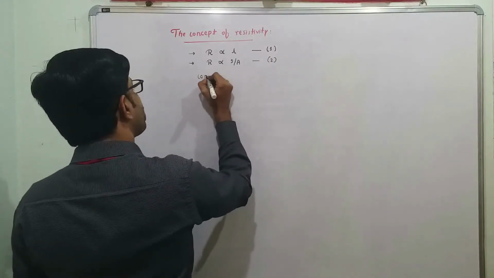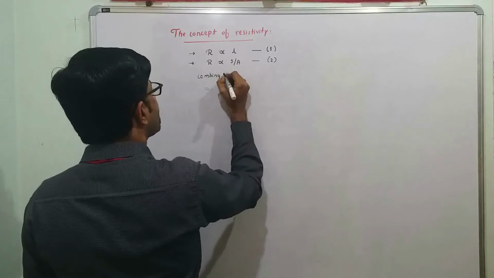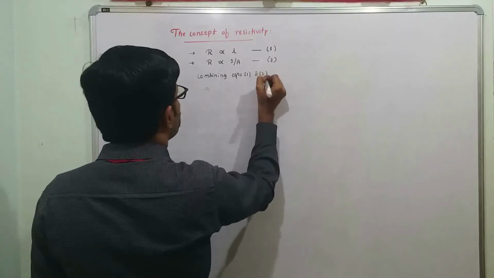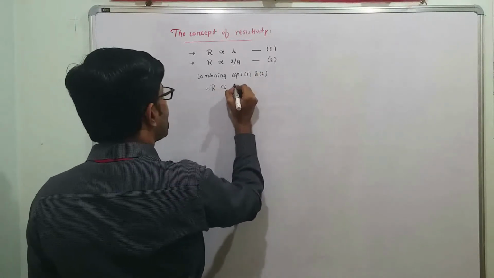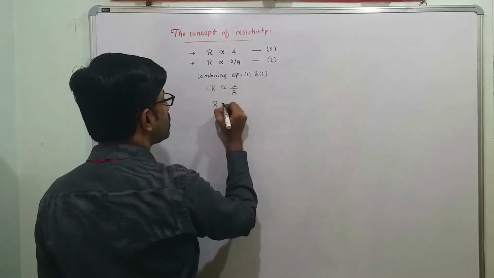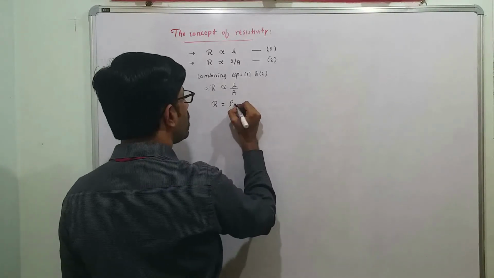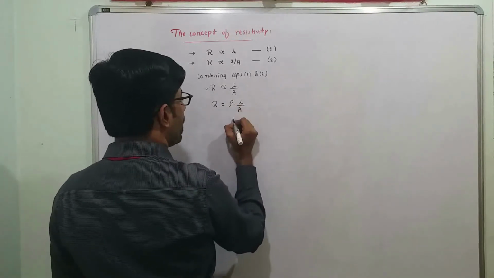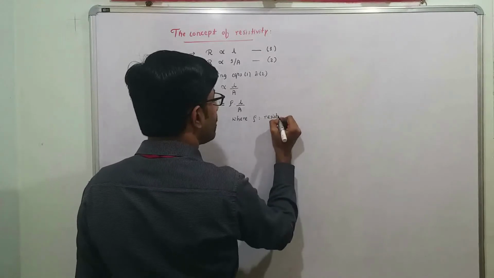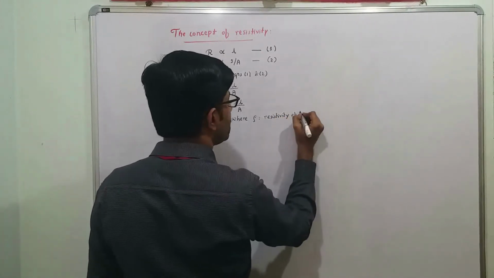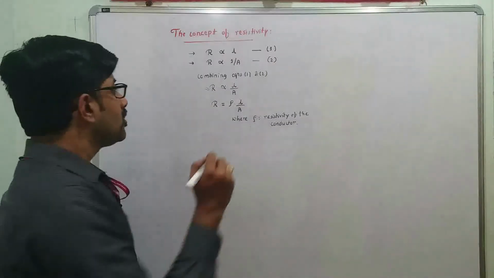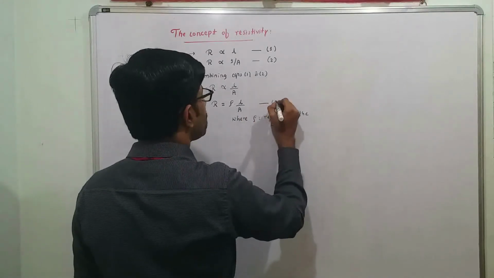Now combining equations 1 and 2, it can be written as R is directly proportional to L and inversely proportional to A. Now if you remove the proportionality sign, you are left with a constant of proportionality rho, R = rho L by A, where this rho is known as the resistivity of the material or conductor. Call this equation number 3.